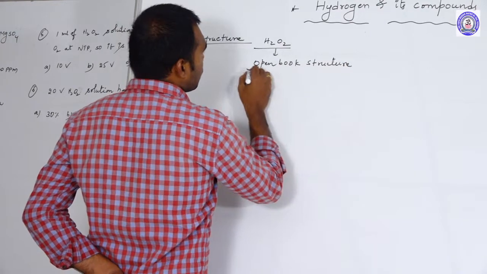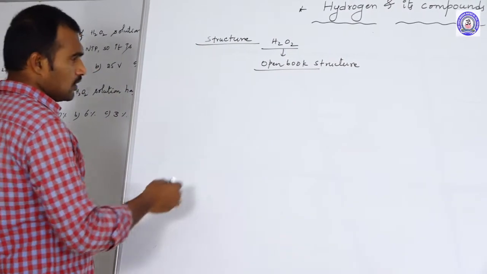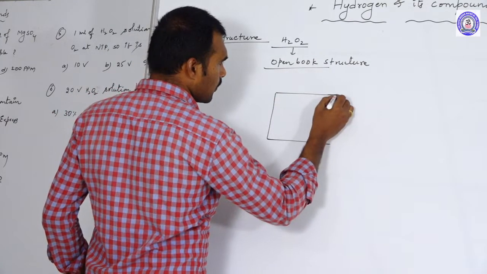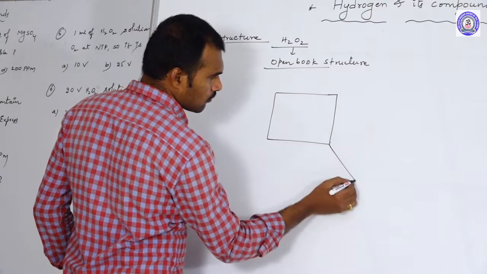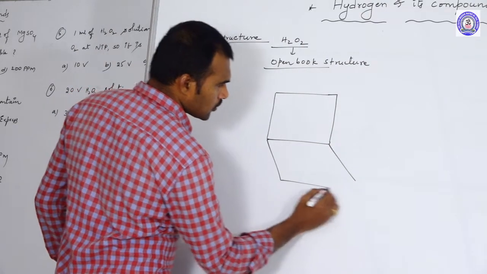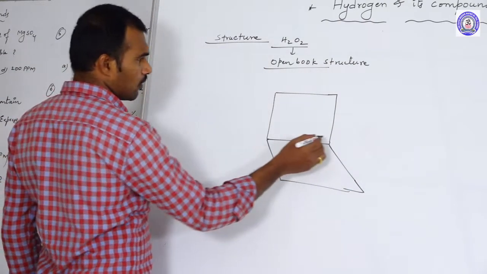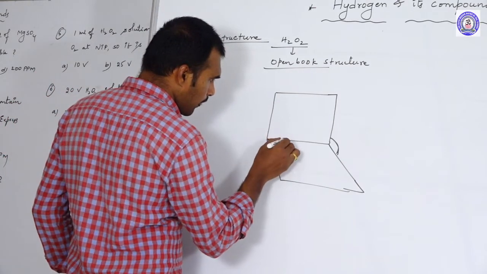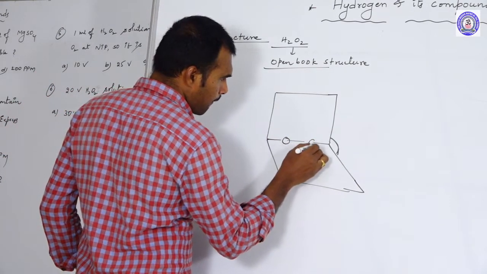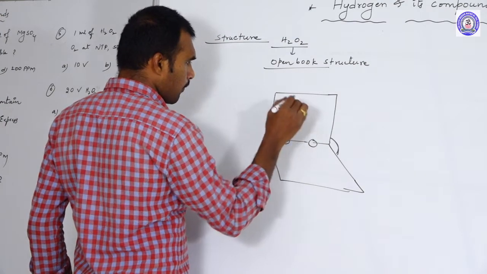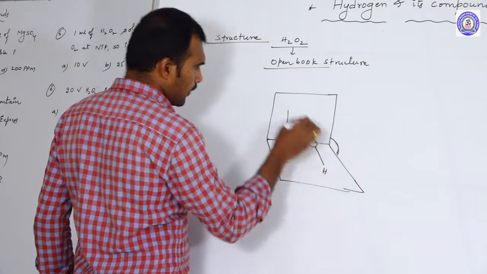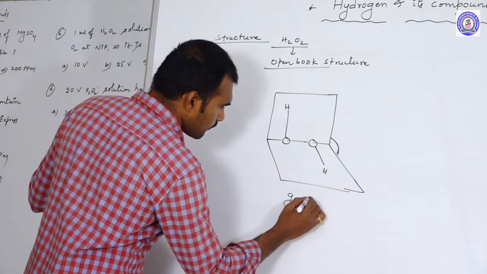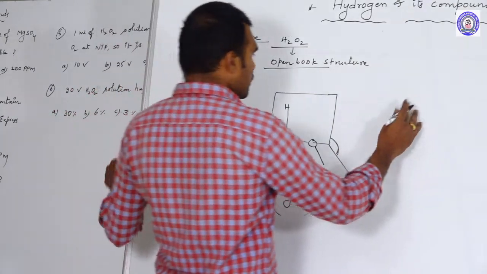In this open book-like structure, both in the gas phase and in the solid phase, they have different dihedral angles. Let us consider this is the gas phase. Okay, next one.